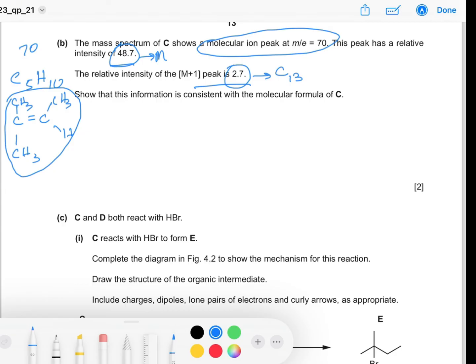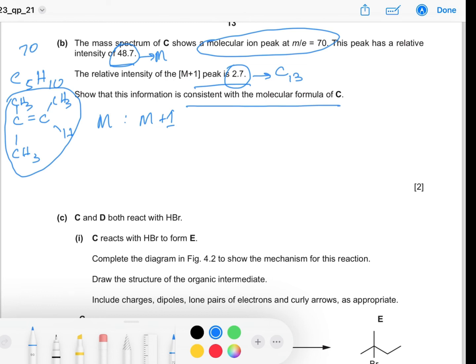As to how to answer this question to show that it's consistent with the molecular formula, well, you can use the ratio of M to M+1 peak heights or their intensity to find the number of carbon atoms in a compound. Given that in a sample of any carbon atoms, the ratio of carbon-12 to carbon-13 isotopes is 99 to 1.